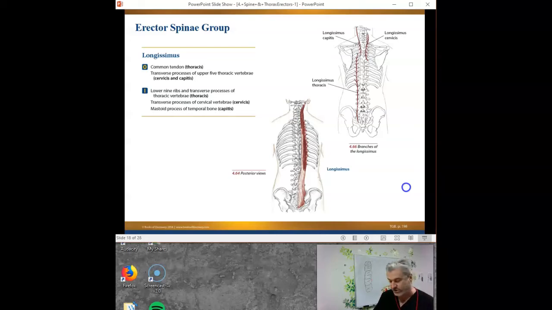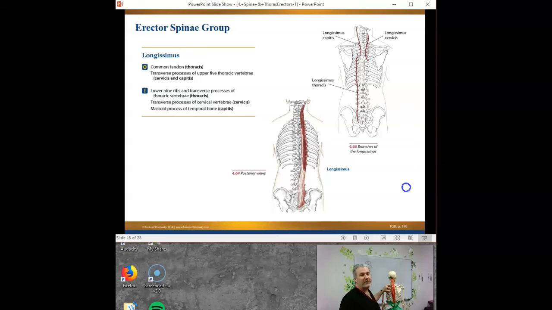Anybody want to read the origins of the longissimus to me? Yes, thank you. Origin: common tendon, I guess thoracis. Transverse processes of upper 5 thoracic vertebrae, cervicis and capitis.